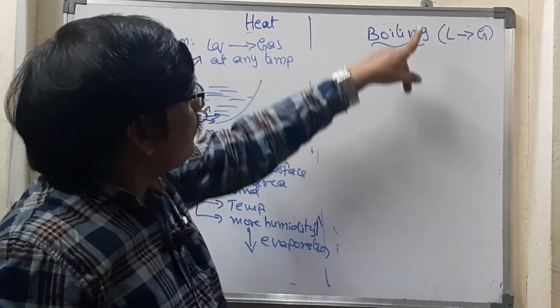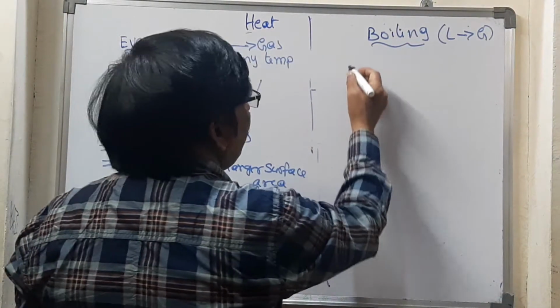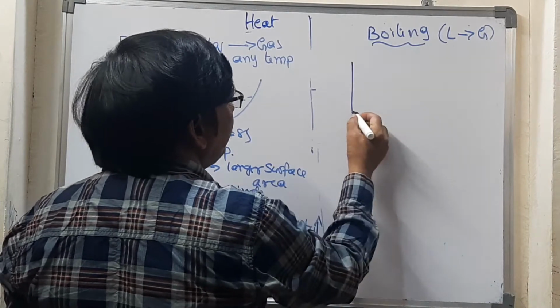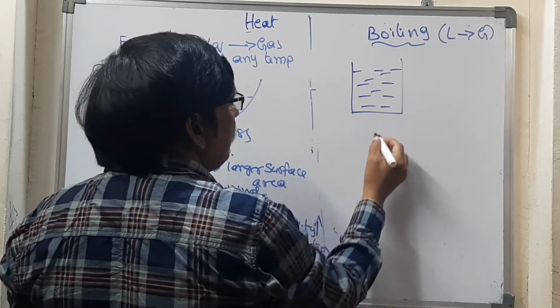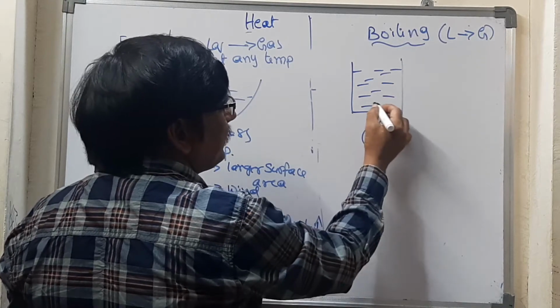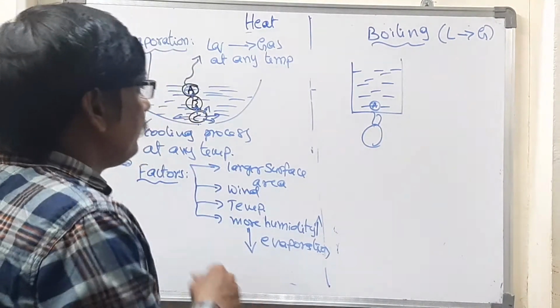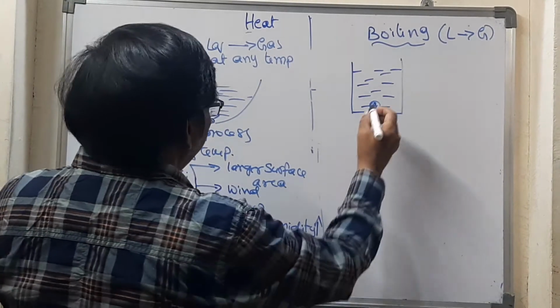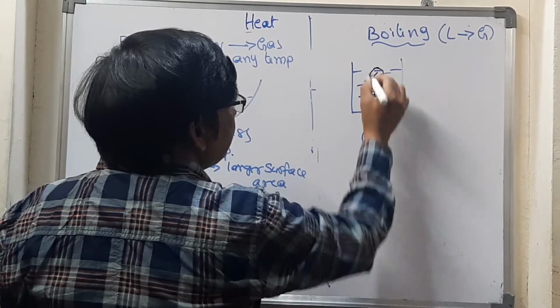And how does this boiling take place? Let us see. For example, these are water molecules, and when you are supplying energy, what will happen? Here is an A molecule, a B molecule, and a C molecule.